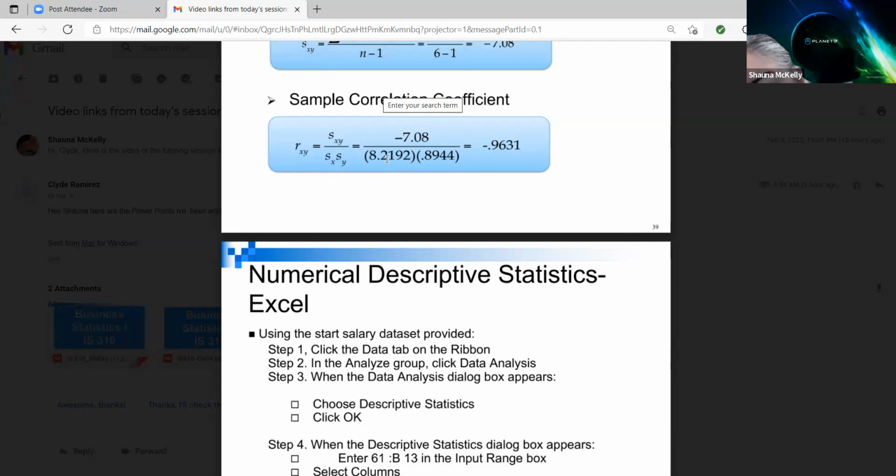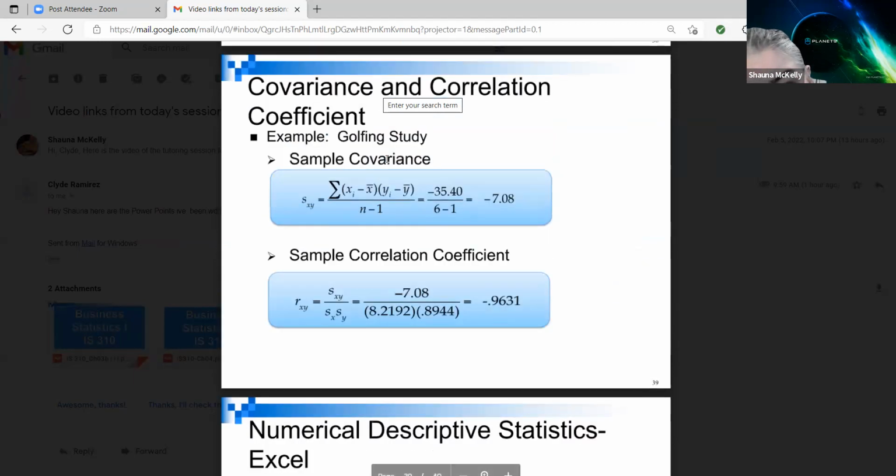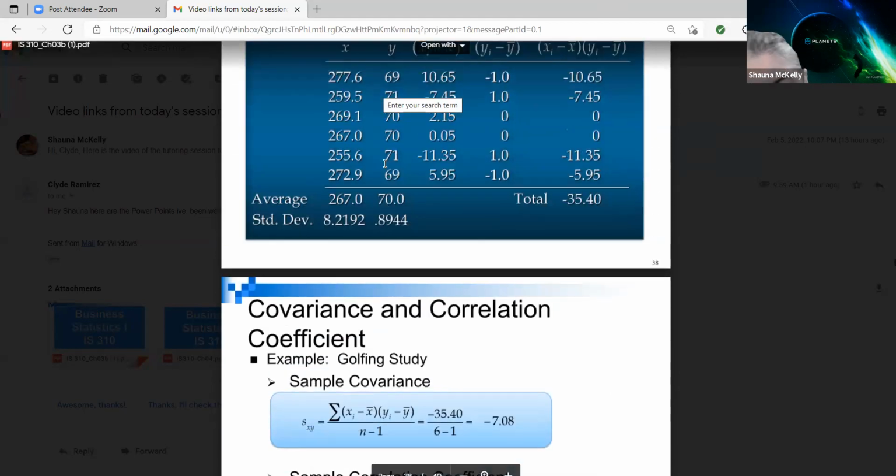These 2 standard deviations are the same standard deviations that you wrote from the calculator initially. So to get your final result, you take this covariance and divide by the product of these two to get R.